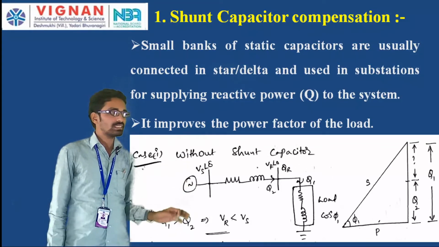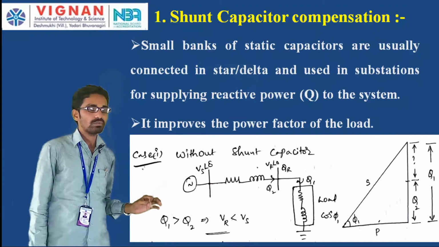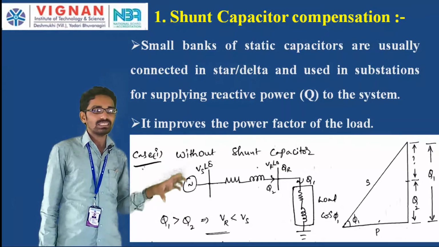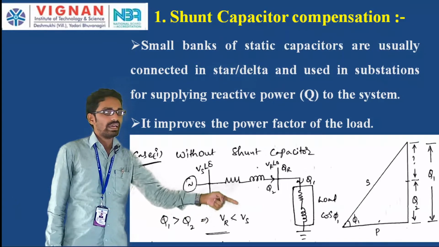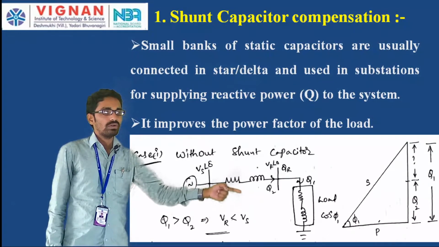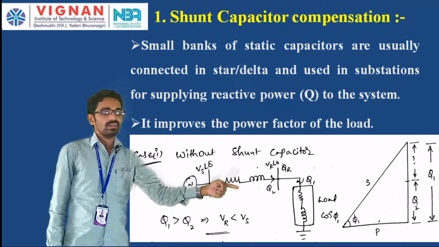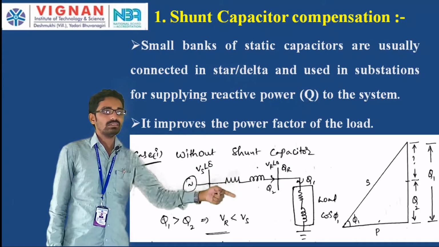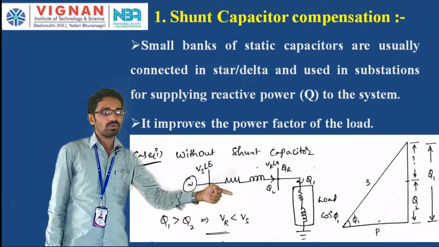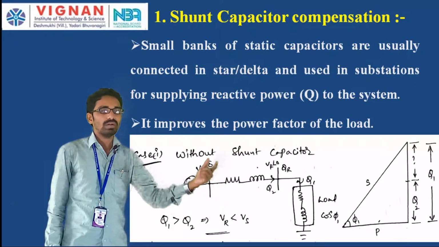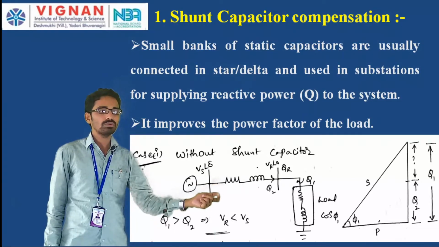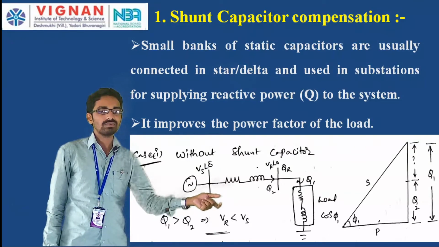Let us consider an example. Here you have the reactive power demand at the load, let us consider it as 10 units. The reactive power demand at the load is 10 units, but your generator is only able to supply 8 units of the reactive power.